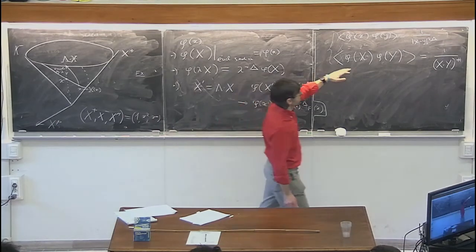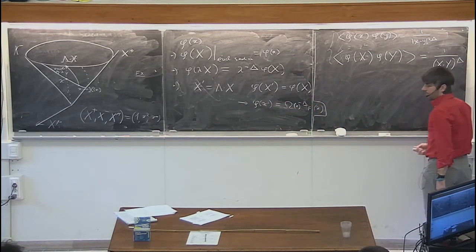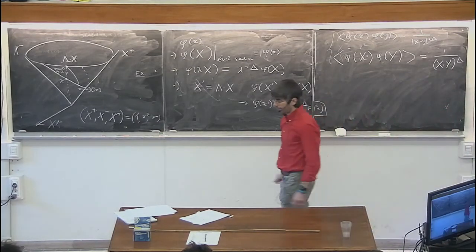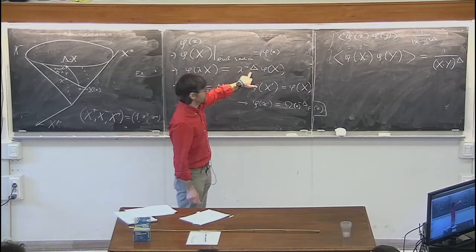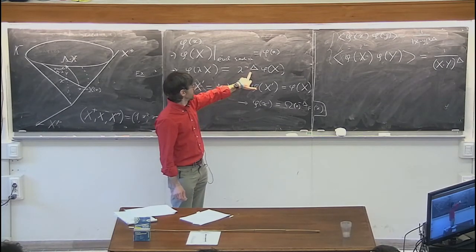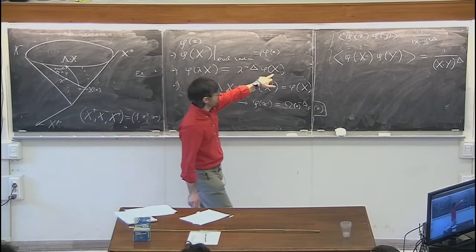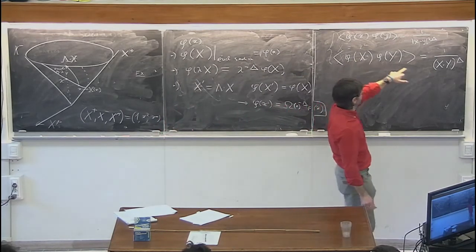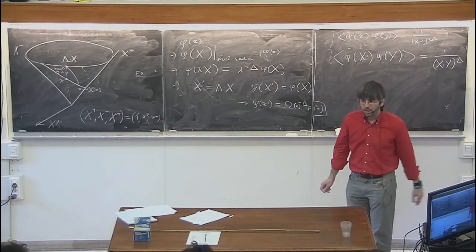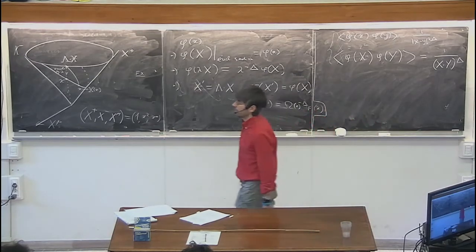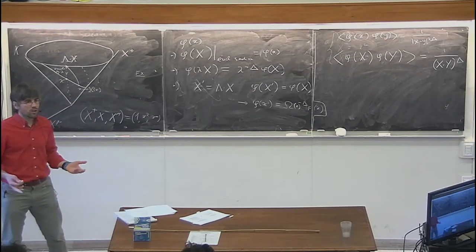So it's clear that it's going to be true if and only if this power is equal to delta. Because I rescale x by lambda, and here it's lambda to the power delta. And if I rescale y, I also get lambda to the power delta. So this is the form of the two-point function on the cone.